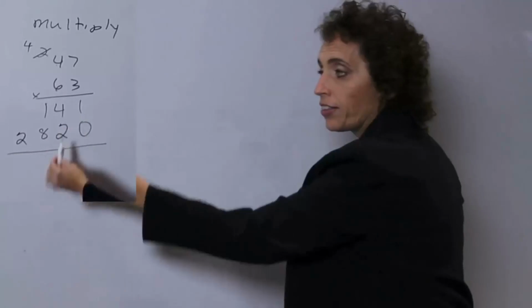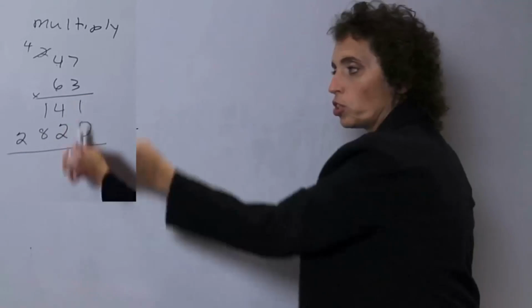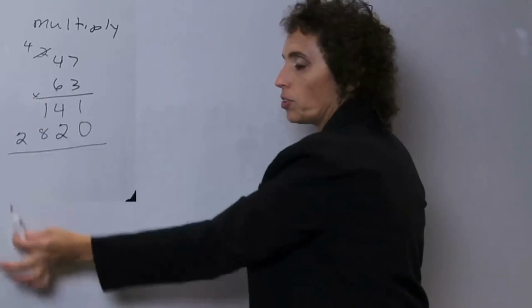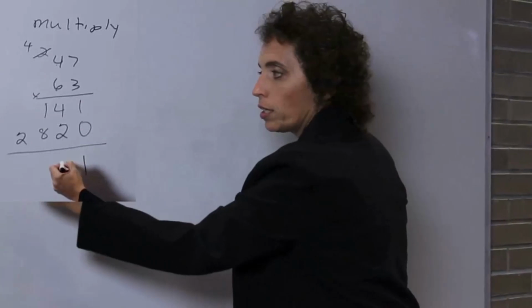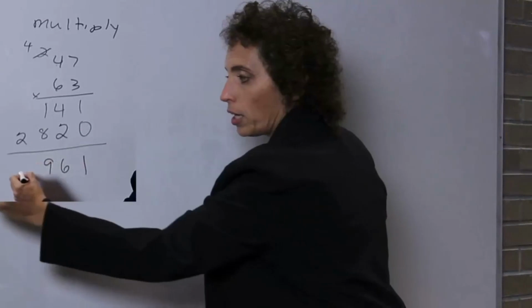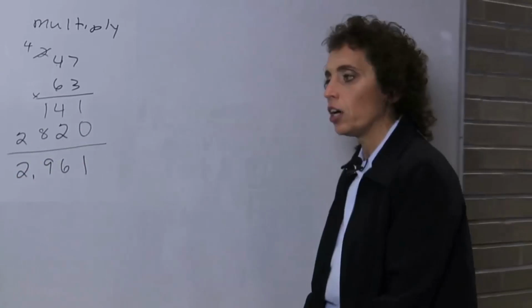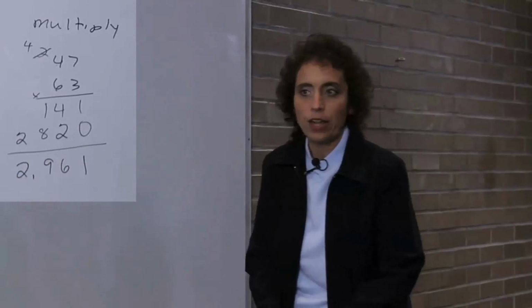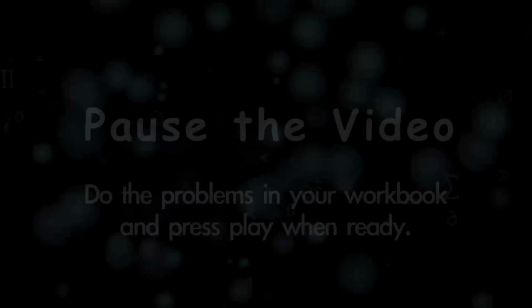And notice we have to add everything in the right place. So the ones place gets added, the tens, the hundreds, the thousands. We get 1, we get 6, we get 9, we get 2. 2,961. And that's, if you recall, how to multiply. And that's pretty simple. Okay, now you're going to take a second to do the next one. Of course, I left you the hard one, but we'll check your answer when you come back.